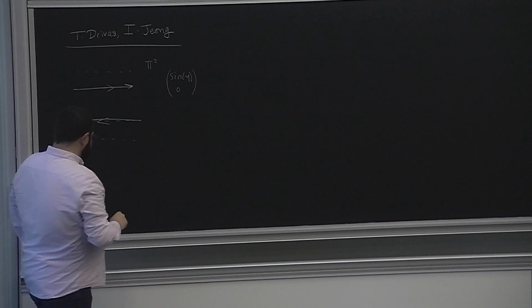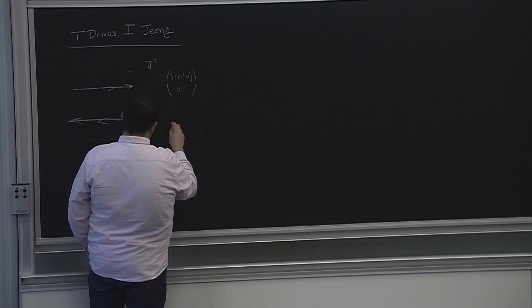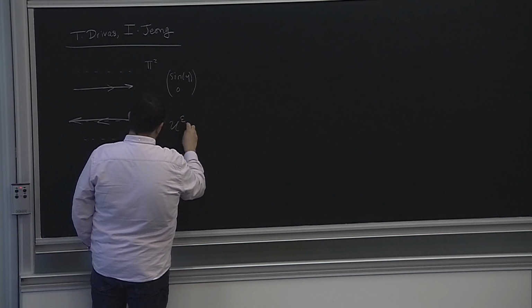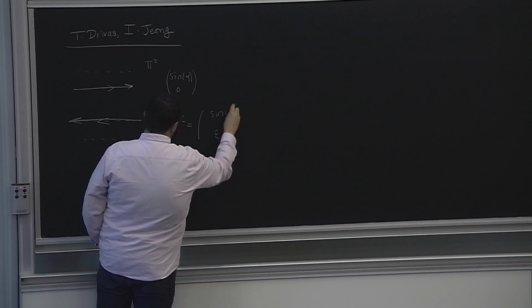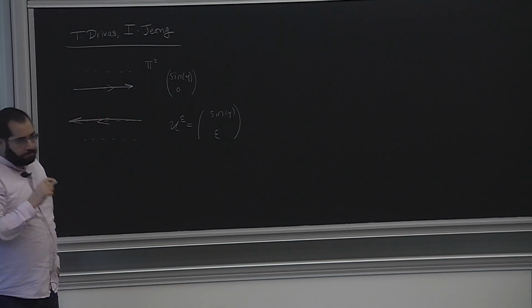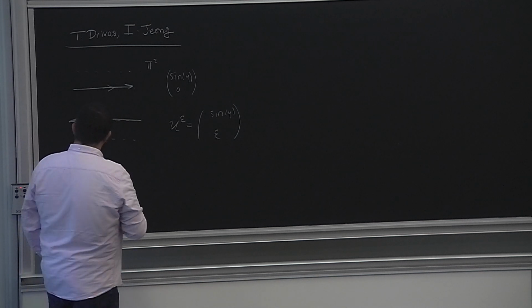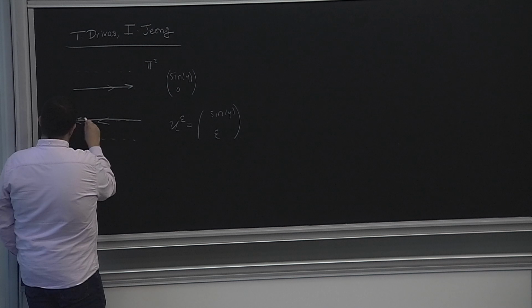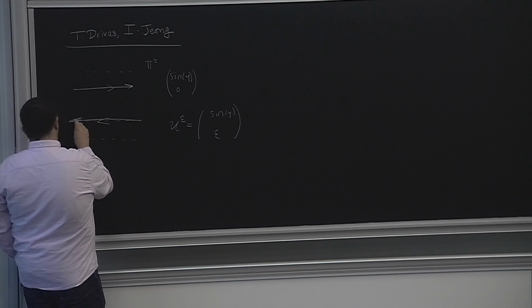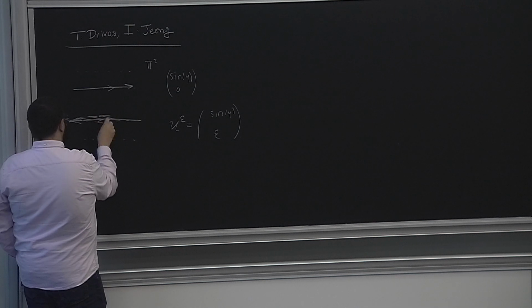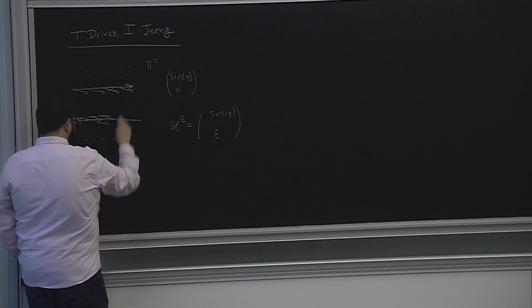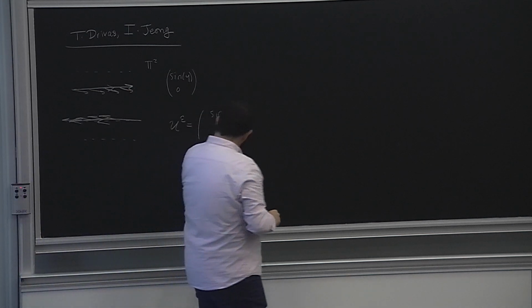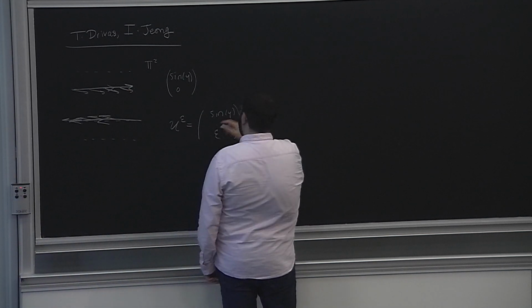And now if you consider the perturbation, just like that, so that every particle moves, these are moving a little bit up, and these are moving a little bit down. You actually get that the solution is isochronal.